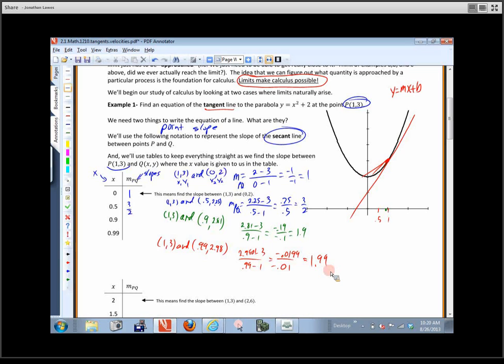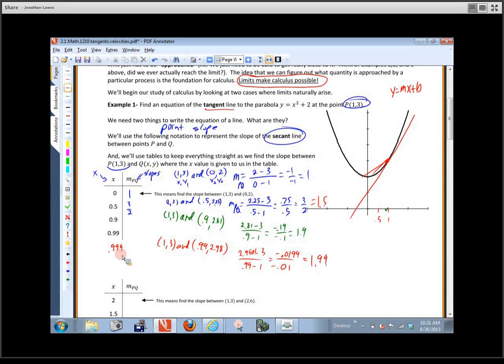Okay, we'll look at the slopes here. Started off with a slope of 1.5, 1.9 and 1.99. What do you think would happen if we did this? 1.999. Yeah, it's probably going to be several nines in a row or something like that.